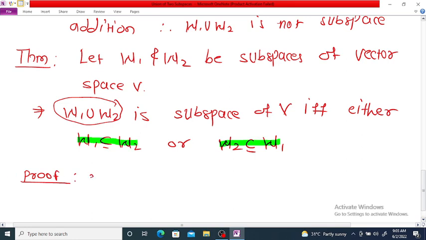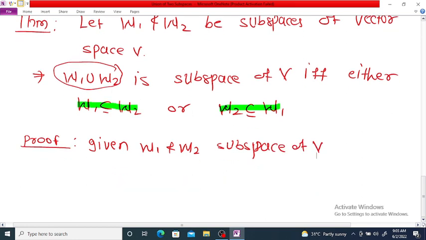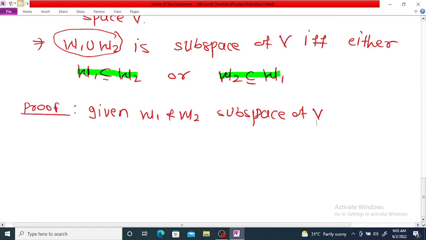What is given here? Given W1 and W2 are subspaces of V, and W1 union W2 is a subspace of V. And what is our claim here?